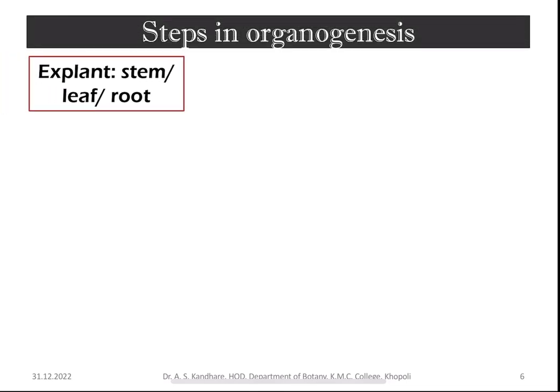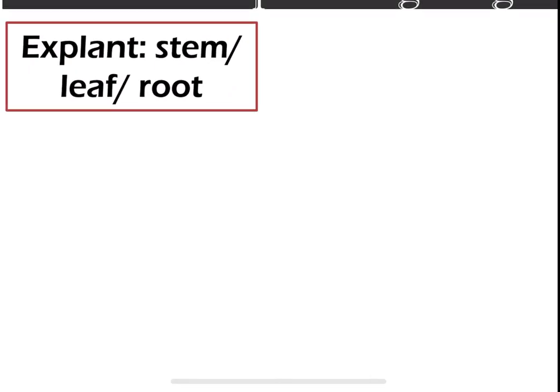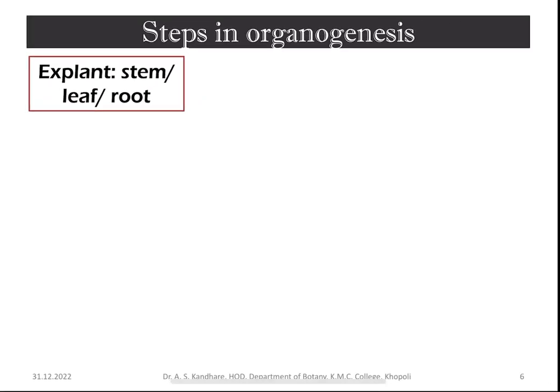Now, steps in organogenesis. What are the common steps that have to be followed during organogenesis? First of all, you have to select the proper explant, such as part of stem, part of leaf or root. Depending upon the different plants and need, one can select the proper explant, isn't it?